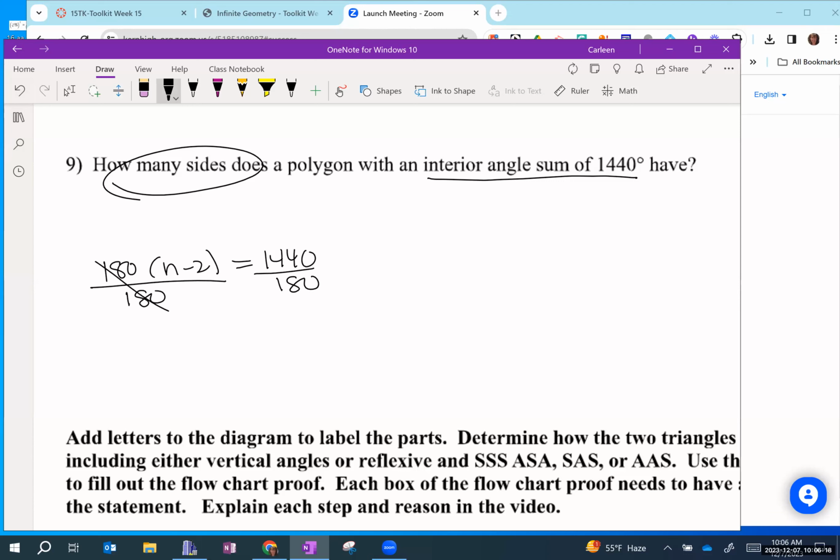So everything on the left got divided by 180. Nothing got left out. N minus 2 is equal to 8. And then the last step, add 2. N is equal to 10.